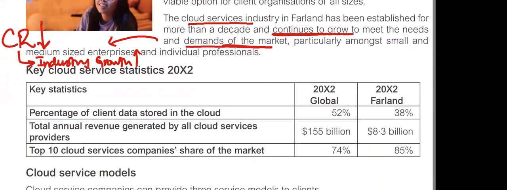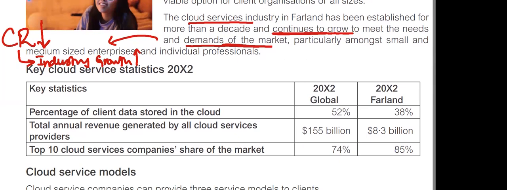Then you have been given some statistics regarding the percentage of client data stored in the cloud. In Farland, it's 38%. Globally, it's more. Then the revenue generated by all cloud service providers is about $8.3 billion for Farland. Globally, it's $155 billion.